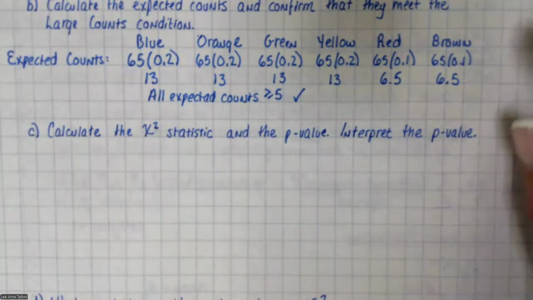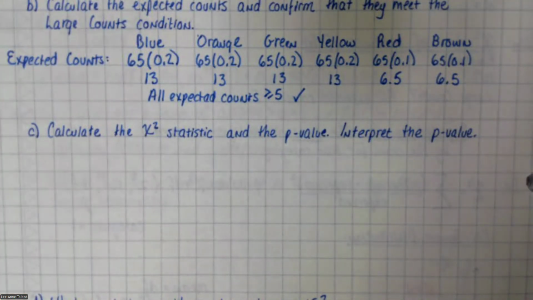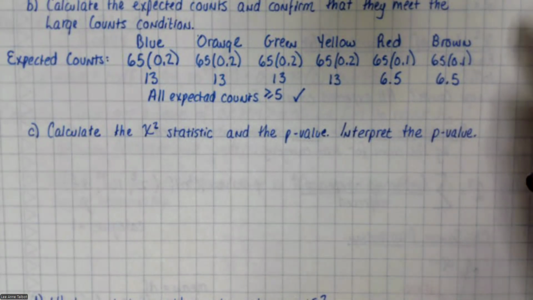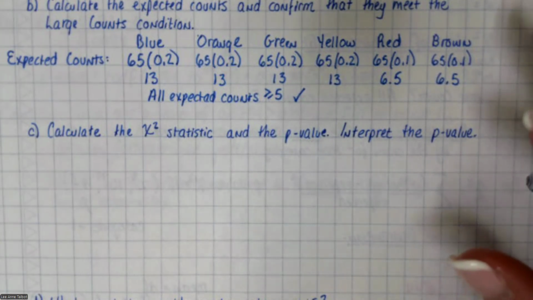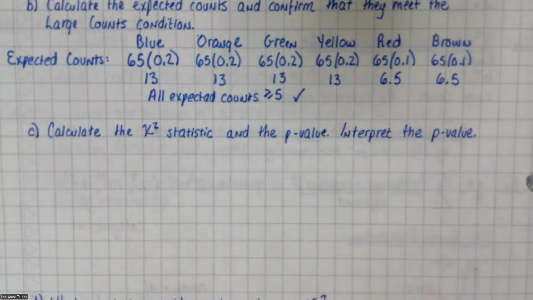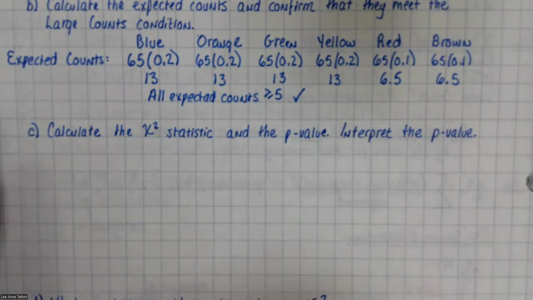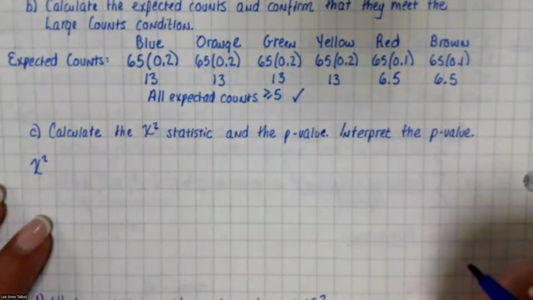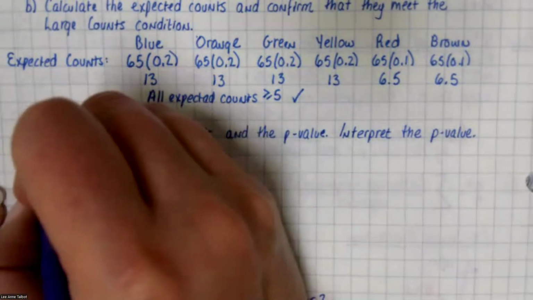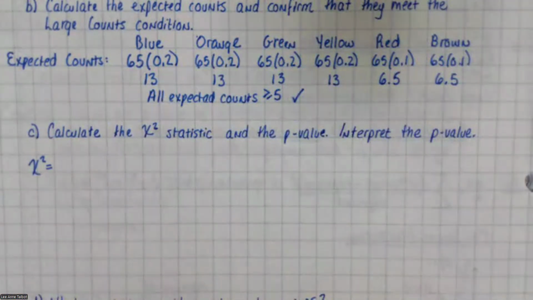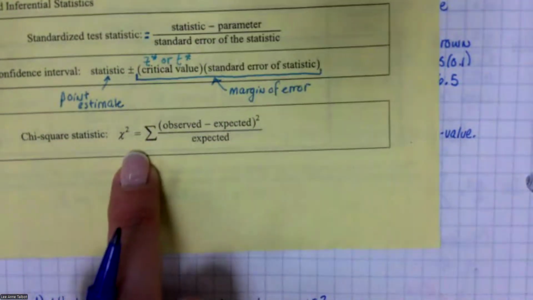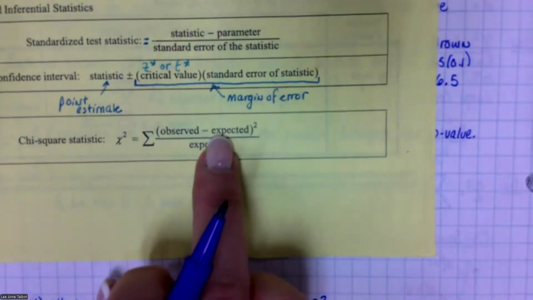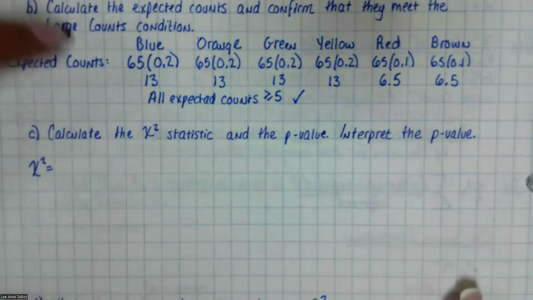This is going to be irritating, and it's only going to be irritating today. I'm going to make you do this by hand today. And then on Monday, I'm going to teach you how to do this on the calculator, which is not so irritating. But today we have to do it by hand once so you can actually see the math. And you guys have to tell me if you had to do it by hand in AP Bio. I'm curious. Okay, so chi-squared equals. The only thing I have is this formula. This is saying add up all of the observed minus expected squared over expected. Okay, we're going to start with blue.